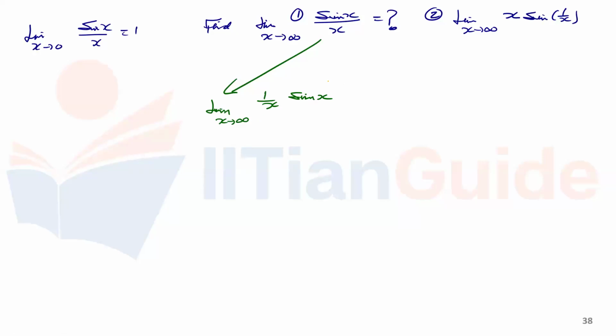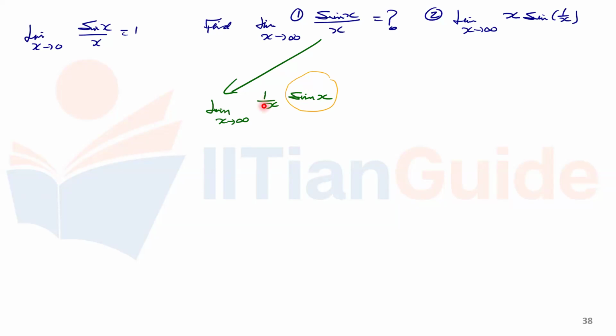Now the value of sin x I cannot tell when x is tending to infinity, but one thing is sure, that the value of sin x will lie between -1 to 1. It may be -1, it may be 1, it may be 1 by 2, it may be -1 by 10, or even it may be 0. It may be any number between -1 to 1. And that is multiplied with 1 by infinity, that is 0.